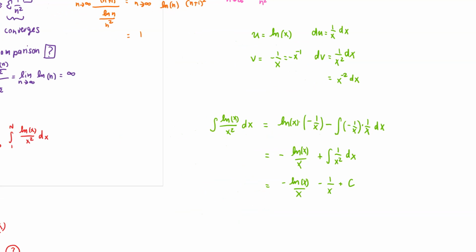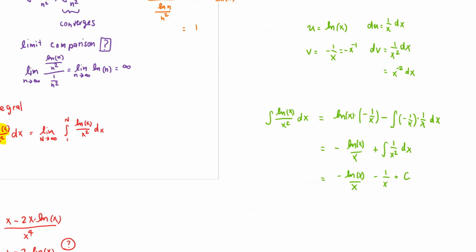Now I can evaluate this integral. So this is going to equal the limit when n goes to infinity of this integral, which is going to be negative log of x over x minus 1 over x, and I'm going to evaluate this from 1 to n.